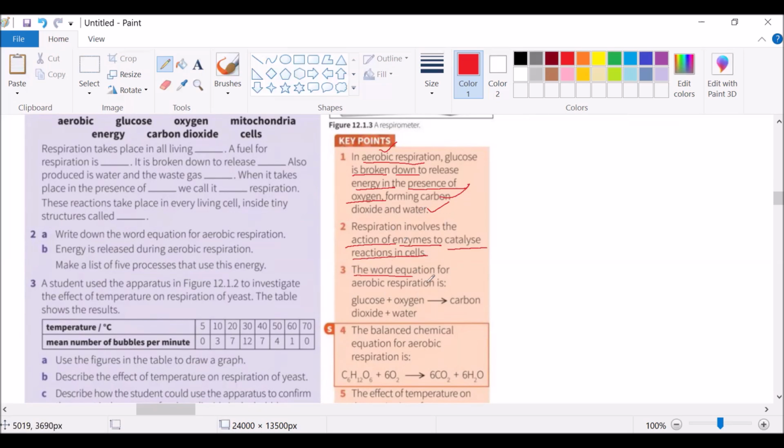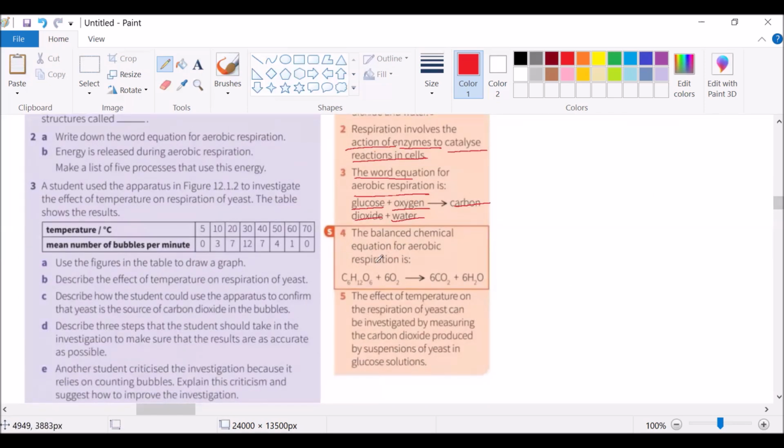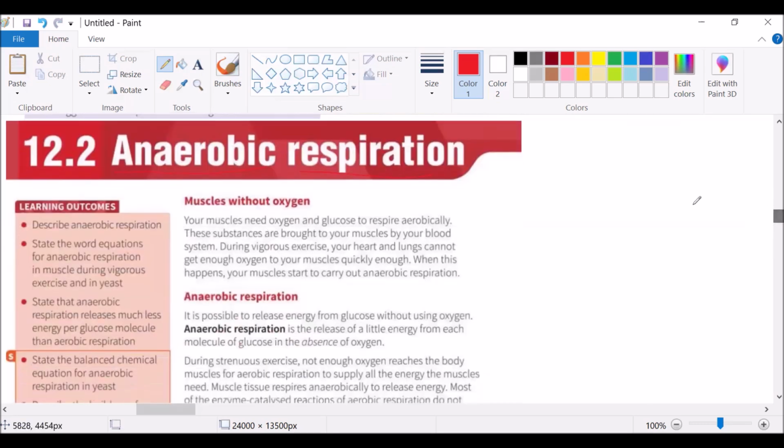And the word equation for aerobic respiration is glucose plus oxygen to give us carbon dioxide and water. The balanced chemical equation for respiration is 1 glucose molecule plus 6 oxygen molecules to give us 6 carbon dioxide molecules and 6 water molecules.